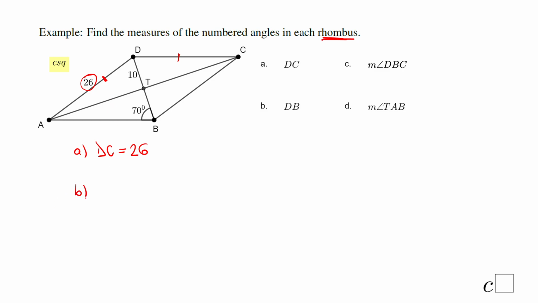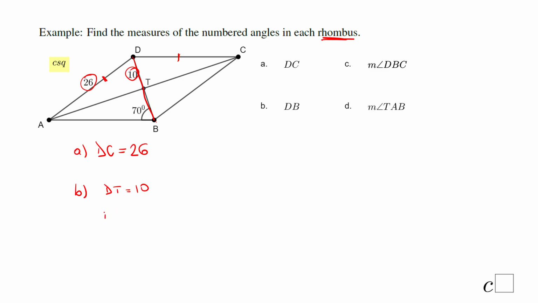We need to find DB, this diagonal, right? And we notice that this part DT here is 10. So how much is DB going to be? DB is going to be twice DT because that is a property of a rhombus that comes from the fact that the rhombus is a parallelogram.